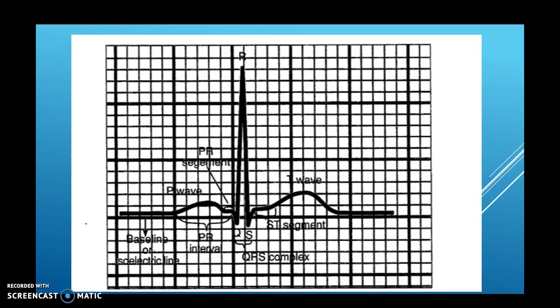So, as you're looking at this, like I said, this is a normal waveform on an EKG. So you will have a P wave, which is right here, a Q wave, an R, S, T. Okay?